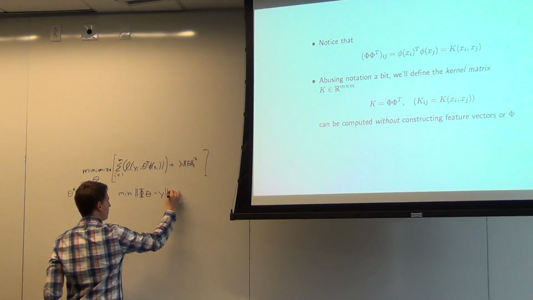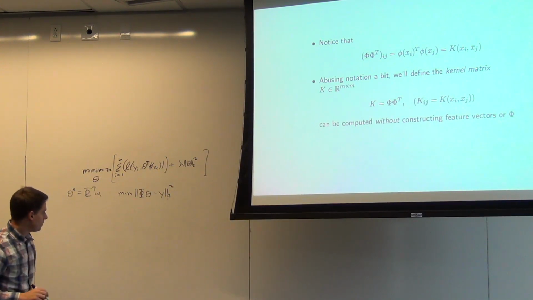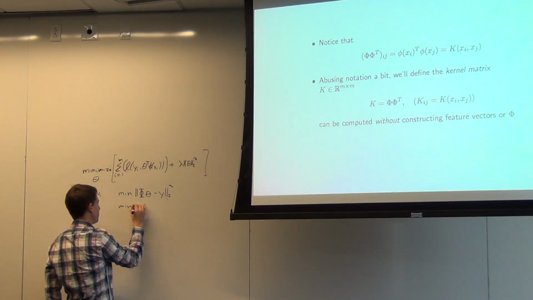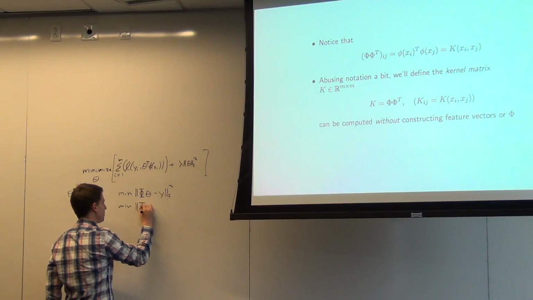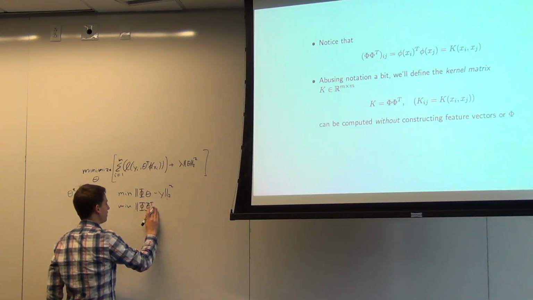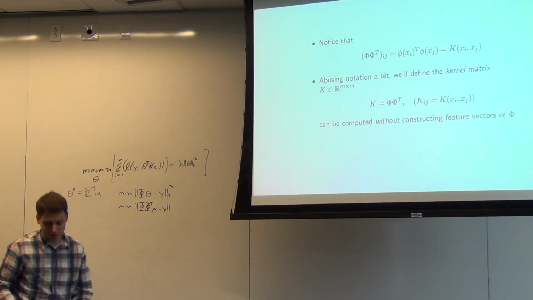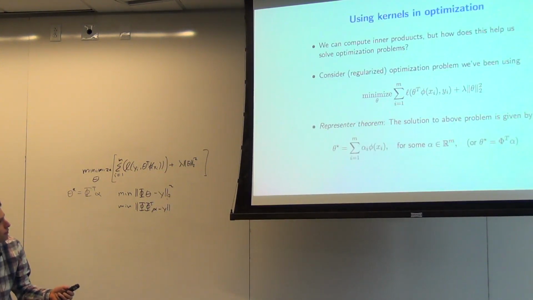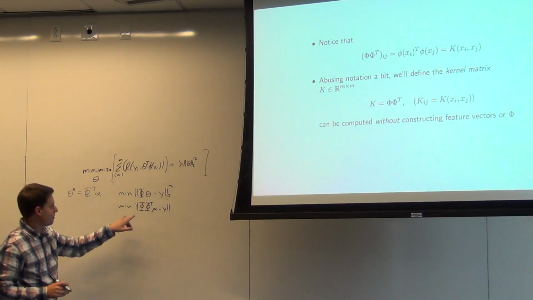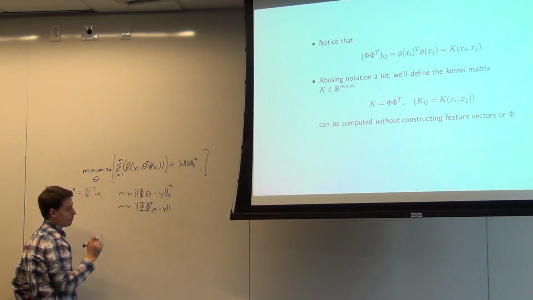If we plug in this fact, we're going to minimize some function like this, with theta replaced by phi transpose times alpha, minus y. Did I miss a slide there? I feel like I might have missed one. No. Okay, anyway, what happens if you substitute this fact into our optimization problem?